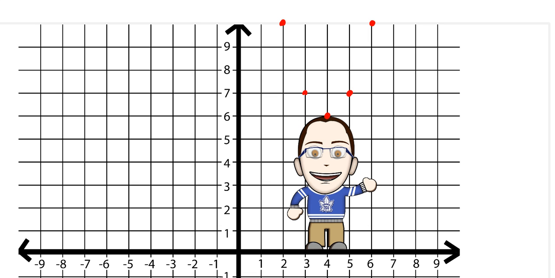There's my points. And I try to make a graph of a parabola. Oops, it's not perfect. And I want to balance it on my head. And I want to get the equation.